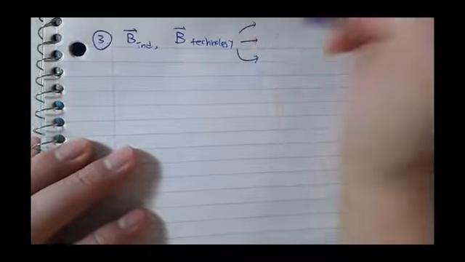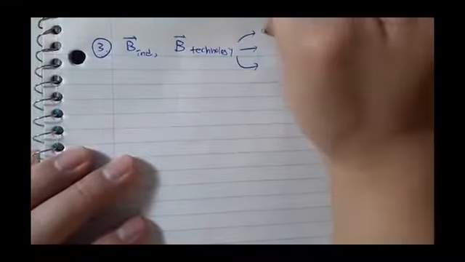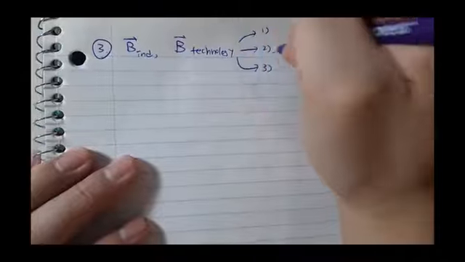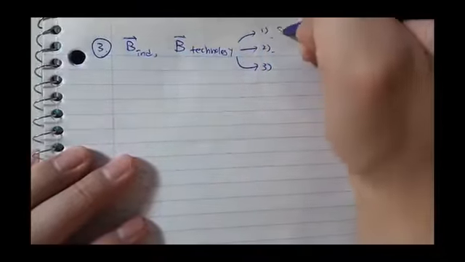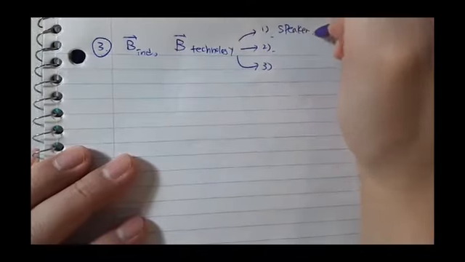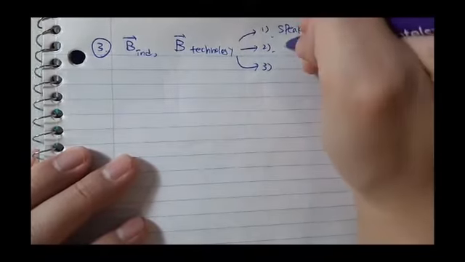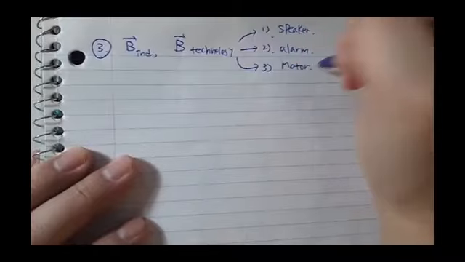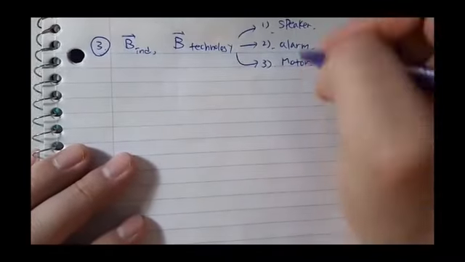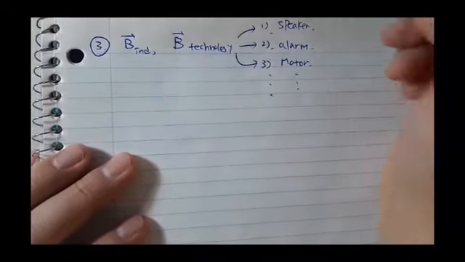I'm going to list some of those that we covered. I want you to look through those notes. The very first thing about magnetic field technology we learned was a speaker and fire alarm type and motor. There are many different types other than these two, but have that in your mind.